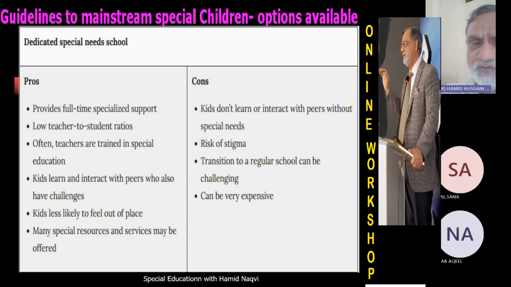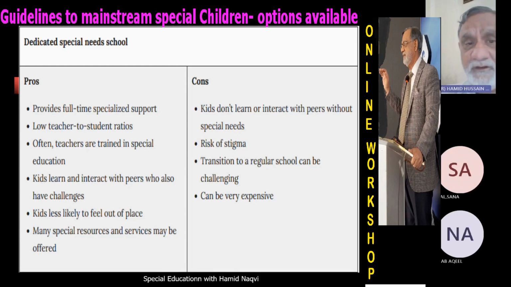Low teacher to student ratio. Class size is low. Often teachers are trained in special education. Kids learn and interact with peers who also have challenges. So kids are less likely to feel out of place. Many special resources and services may be offered. Fine, these are the merits.